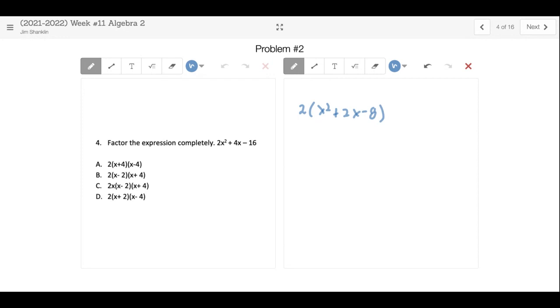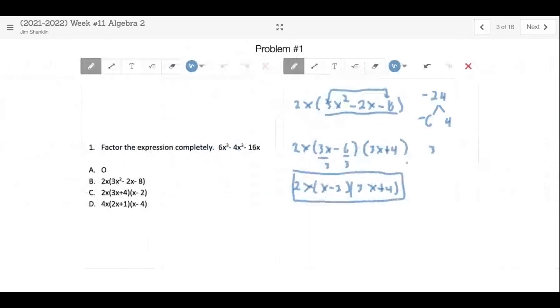Okay. Yeah, but the answer is wrong on C. Okay, wait just 1 second. Let me jump back here. Let me see what we had for an answer. Okay, so the answer was 2x, x minus 2, 3x plus 4. That's the same answer as C. It's just not in the same order, but it's the same answer. 3x.